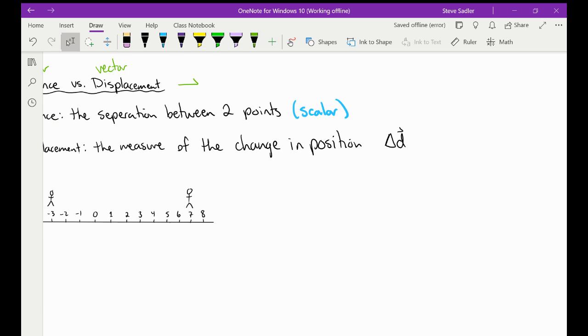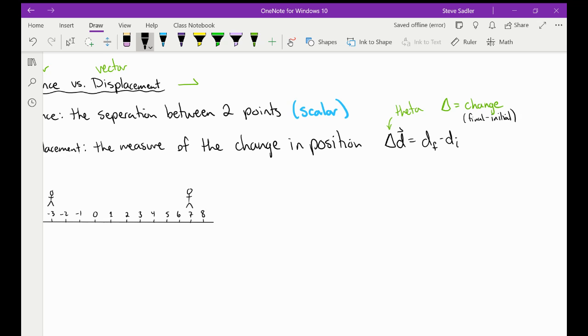So theta here, that's a Greek symbol theta, and theta represents change. You're going to see this a lot. So change in displacement is going to be position final minus position initial. So change always means final minus initial. And we're going to explore this a lot more.